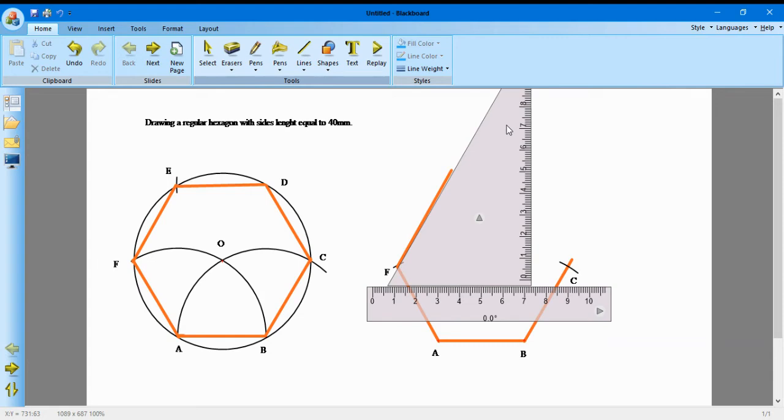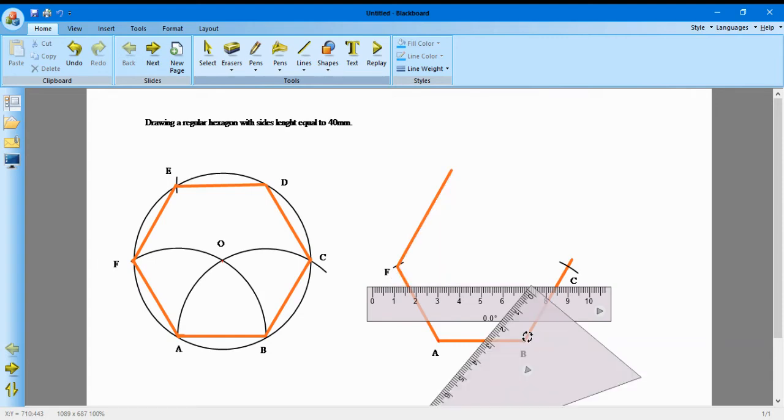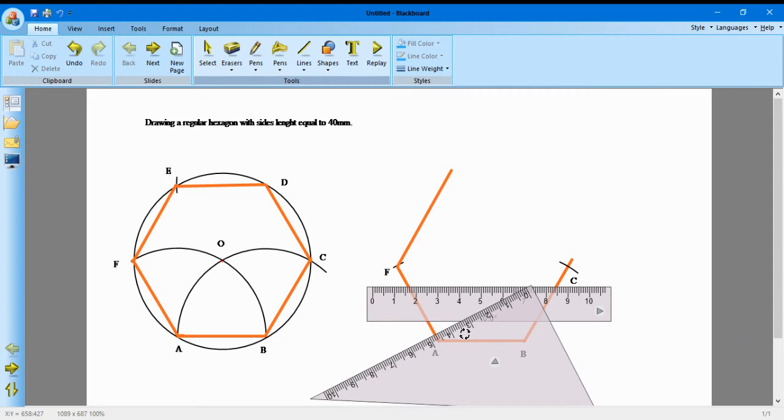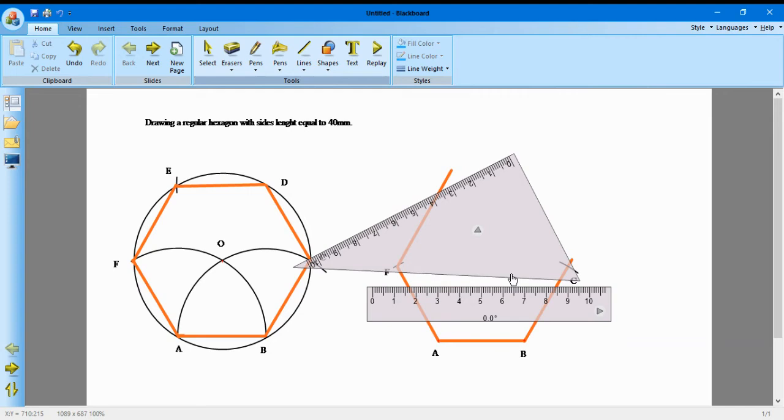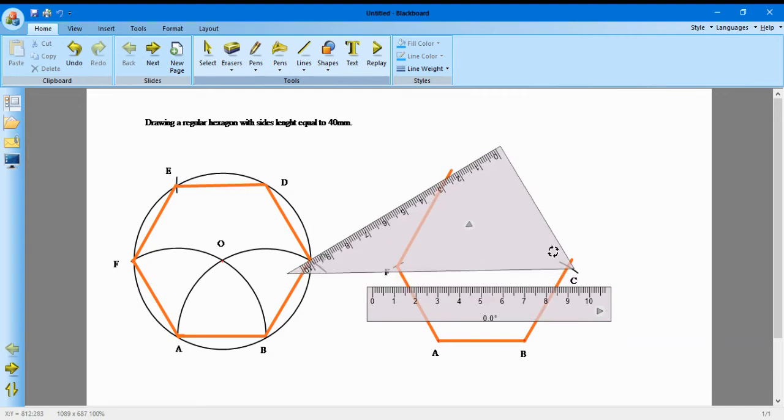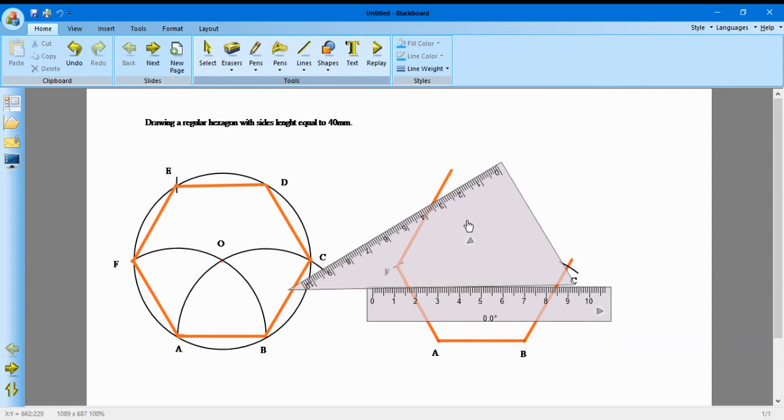Now the last step will be turning around my set square again, setting it flush on top of my ruler. You always need to make sure that your set square is flush on top of your T-square in your case. Okay, I think it's right here.